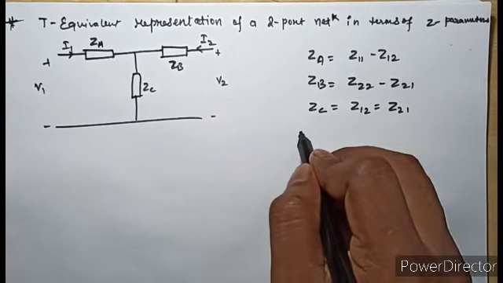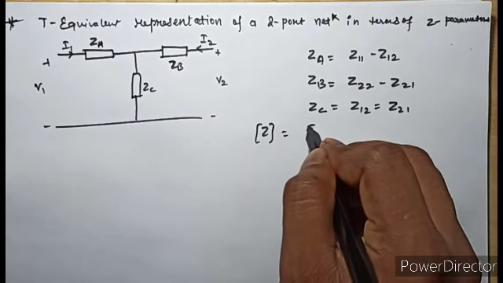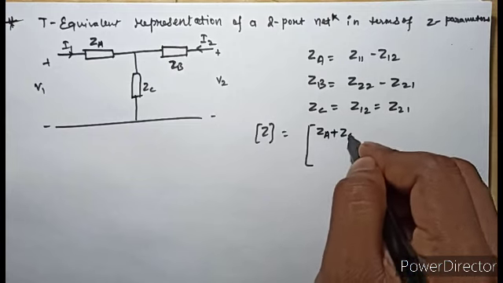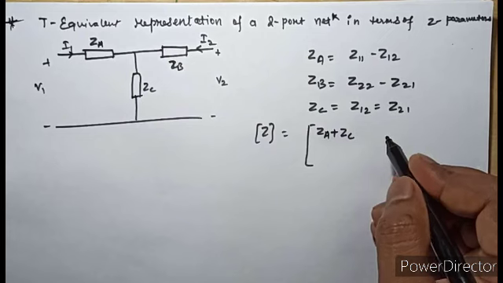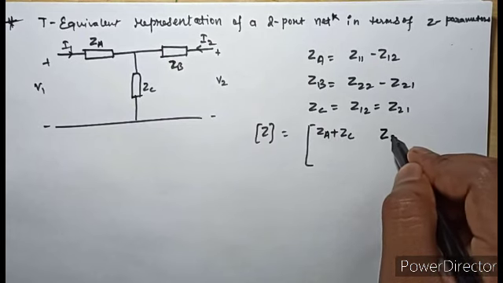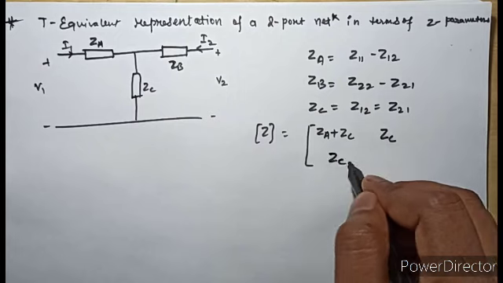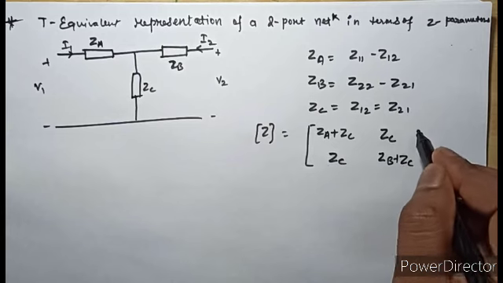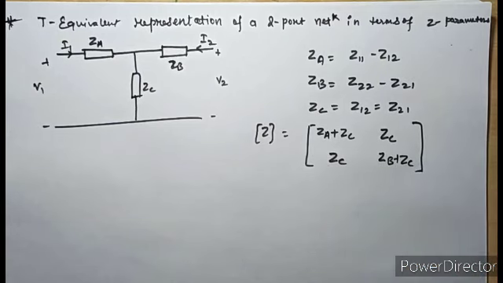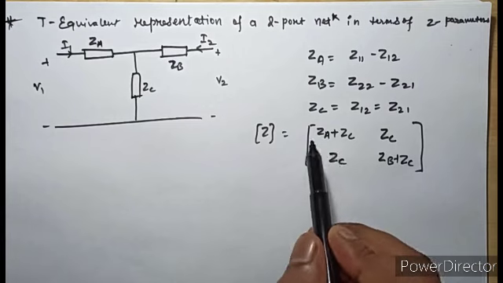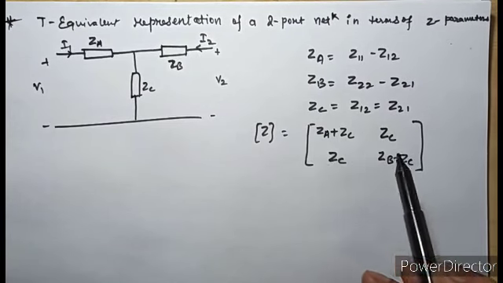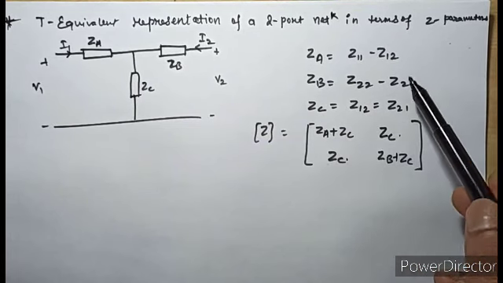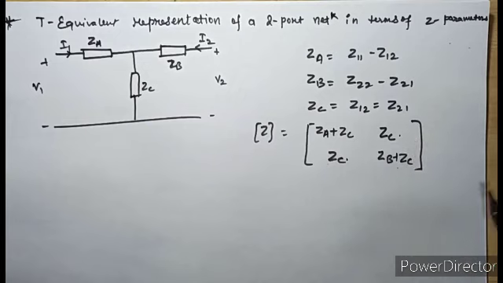In reverse way, our Z parameters will be Z11 as ZA plus ZC, this will be ZC, and this will be ZB plus ZC. Right? Means our Z11 will be ZA plus ZC, our Z12 and Z21 will be ZC, and Z22 will be ZB plus ZC.